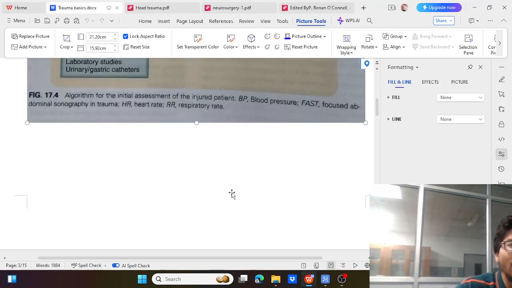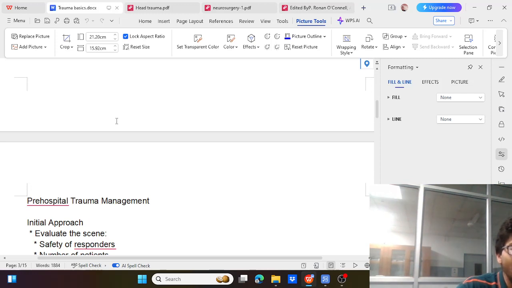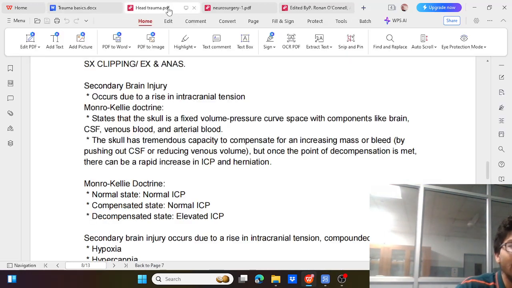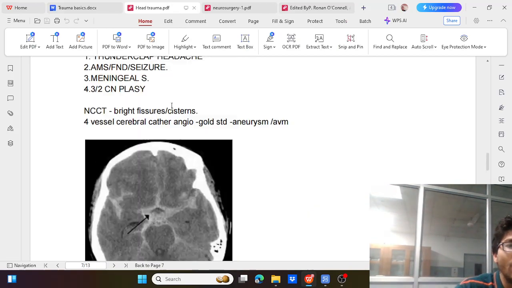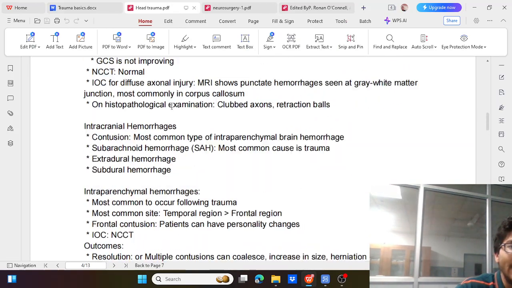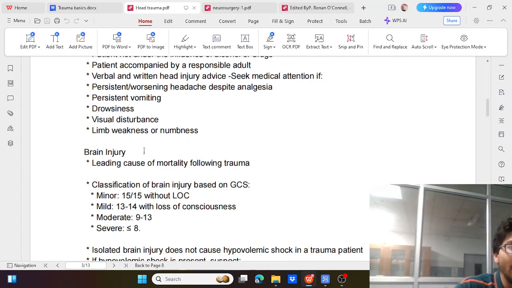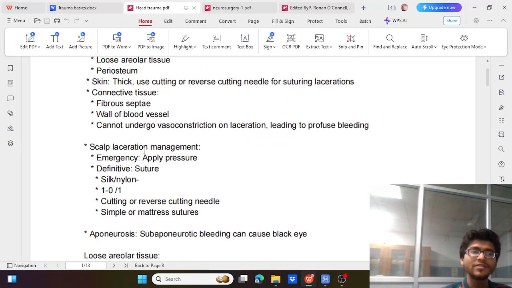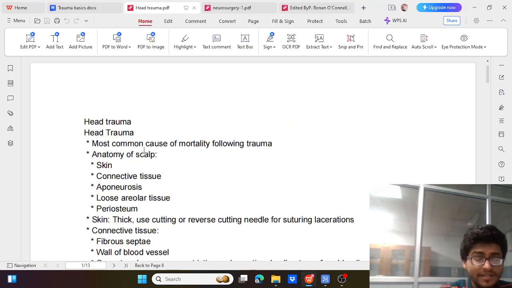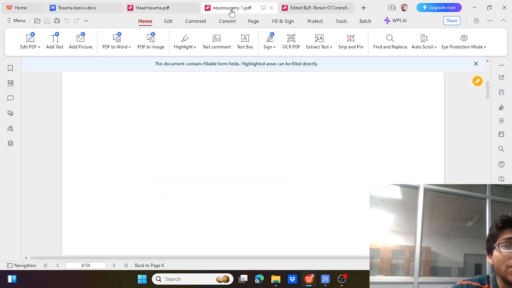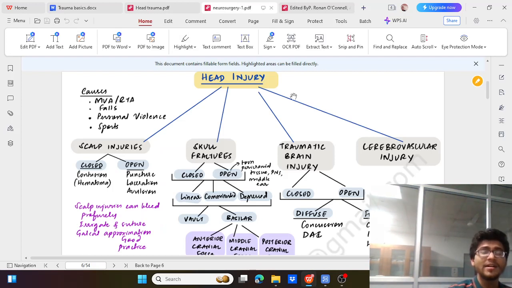So this was the basics of trauma which we discussed yesterday. Now we'll be seeing head trauma, the whole of head trauma, not just the basics, because head trauma is a very important topic in surgery and medicine, as it is the most common cause of death in the adult age group, especially 20 to 40 years, and the third most common cause of death in the world.